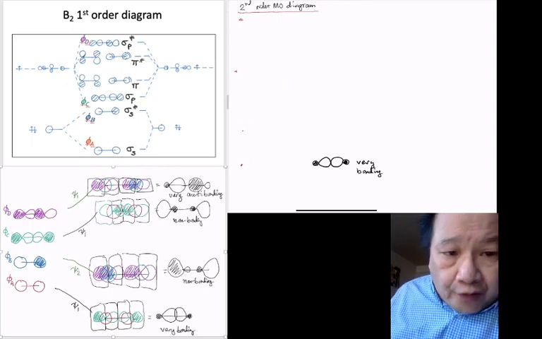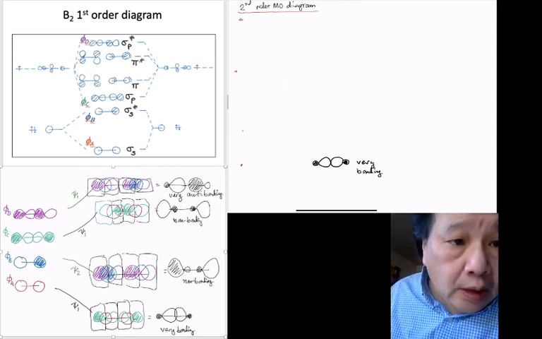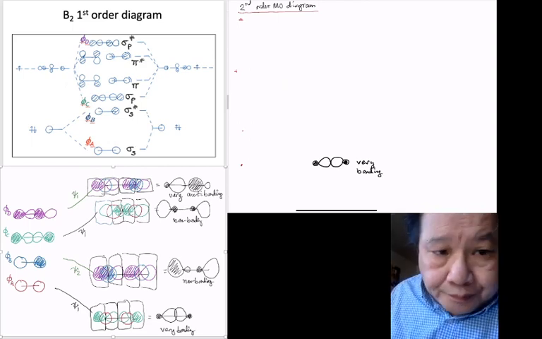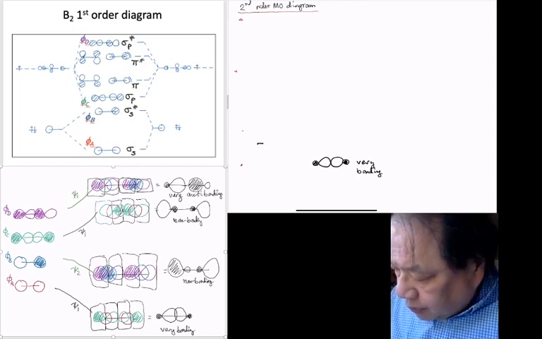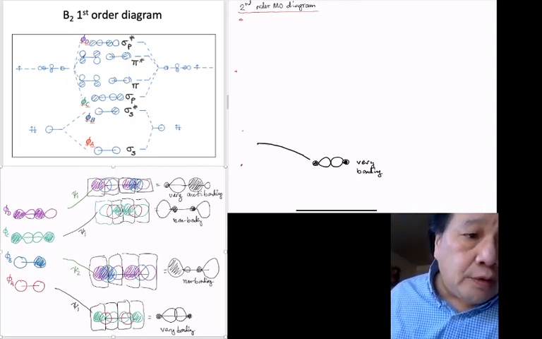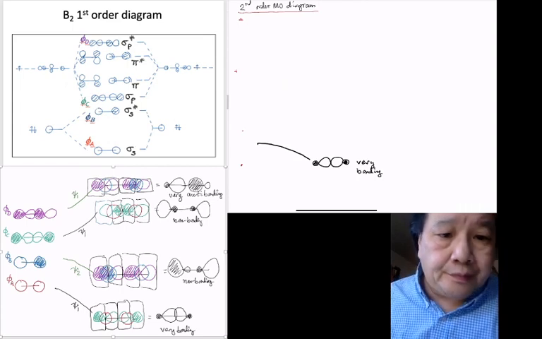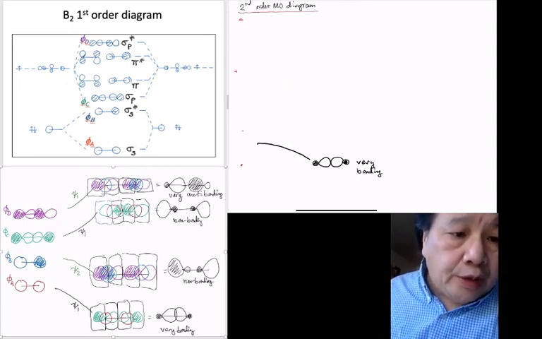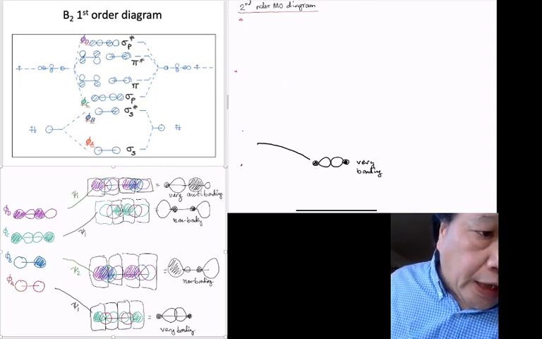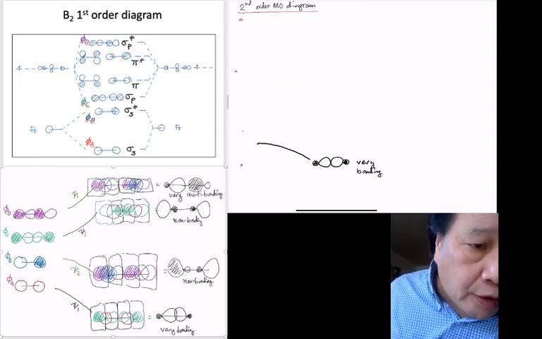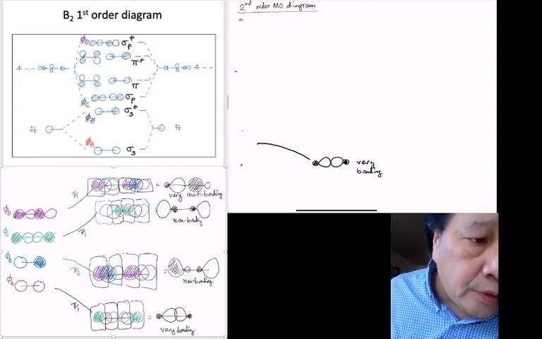And it came from going down from phi A. Then we'll see what happened. That was the very bonding orbital.